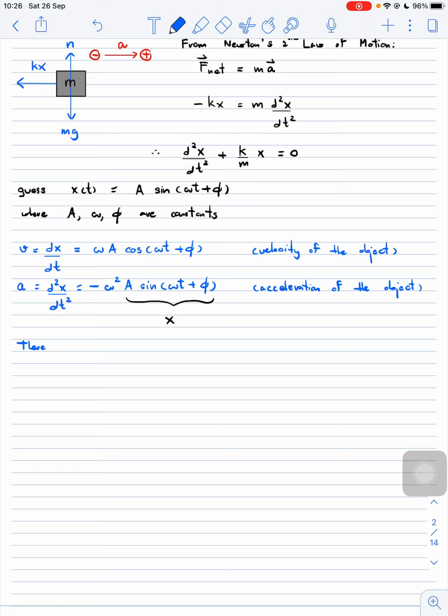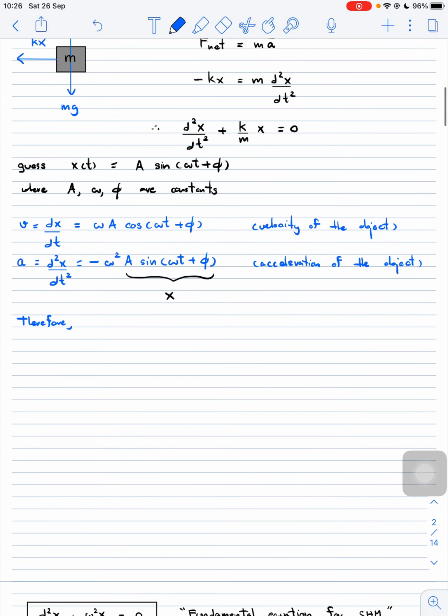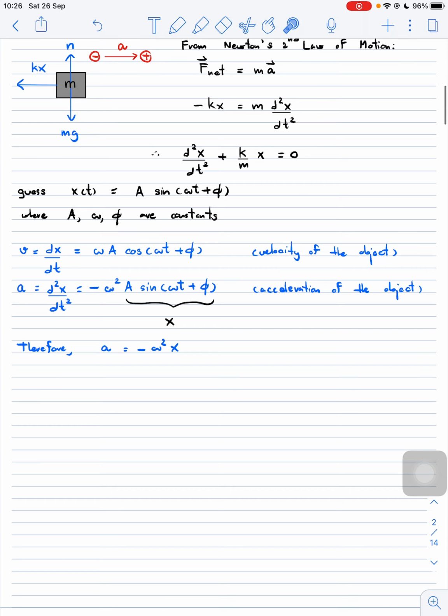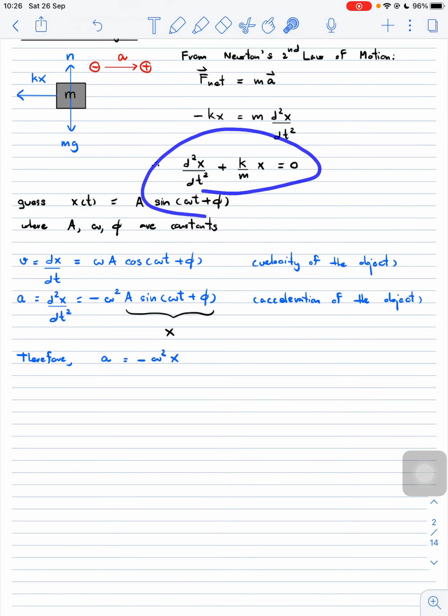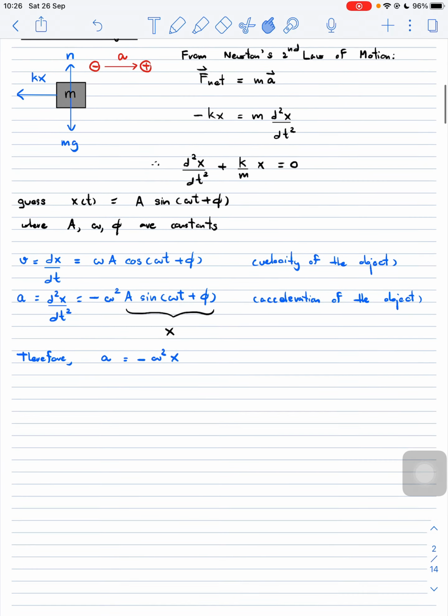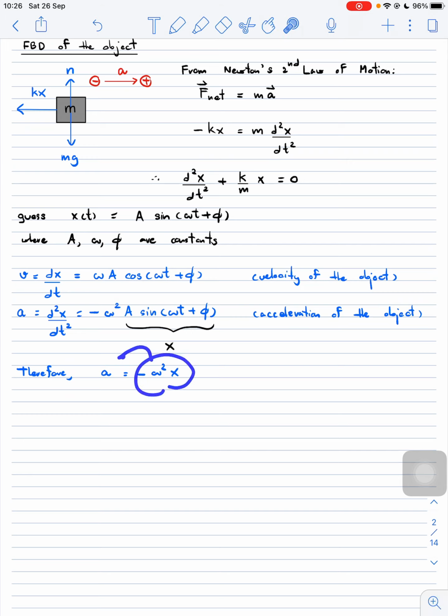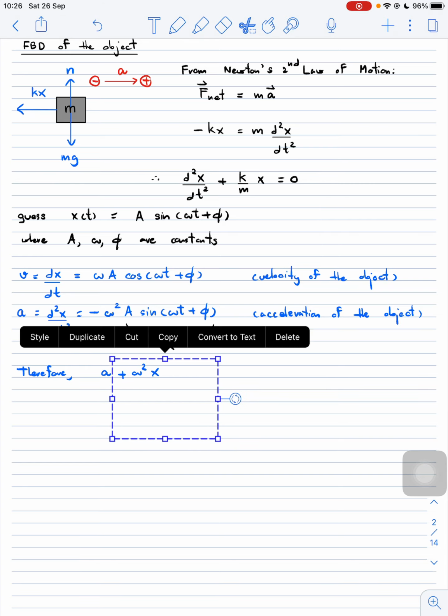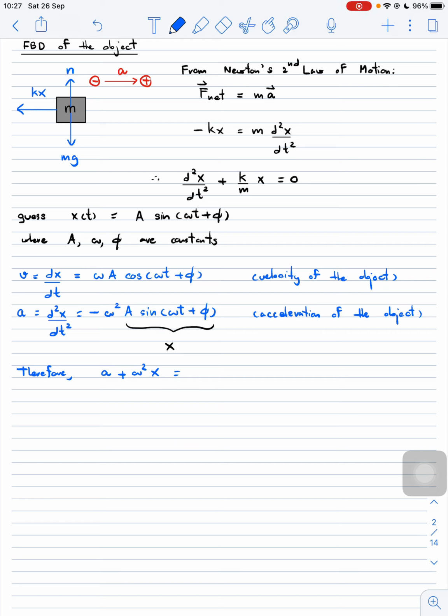Therefore, you can see that we have a equal to negative omega square times x, which is the same form as this equation. If you move this to the left-hand side, it's going to be positive. So that's why this one is equal to 0.